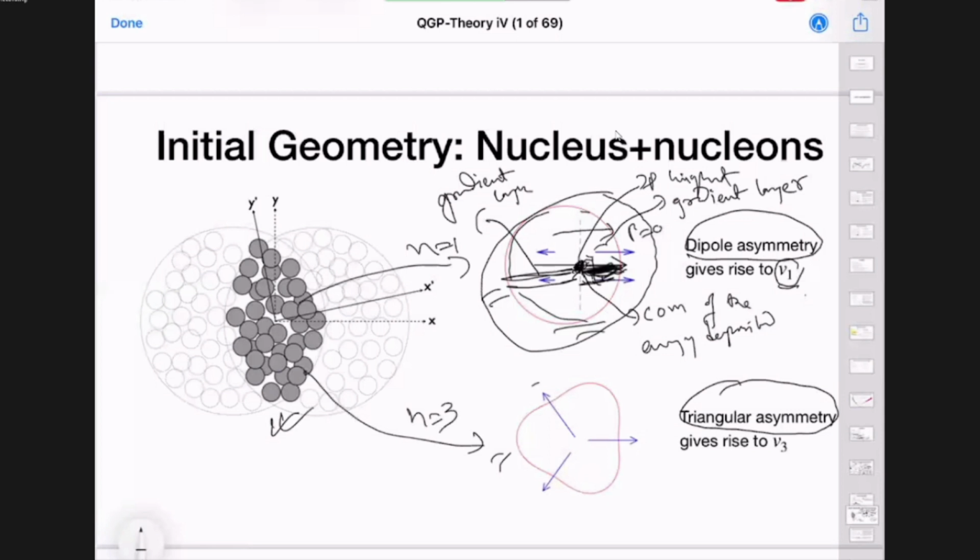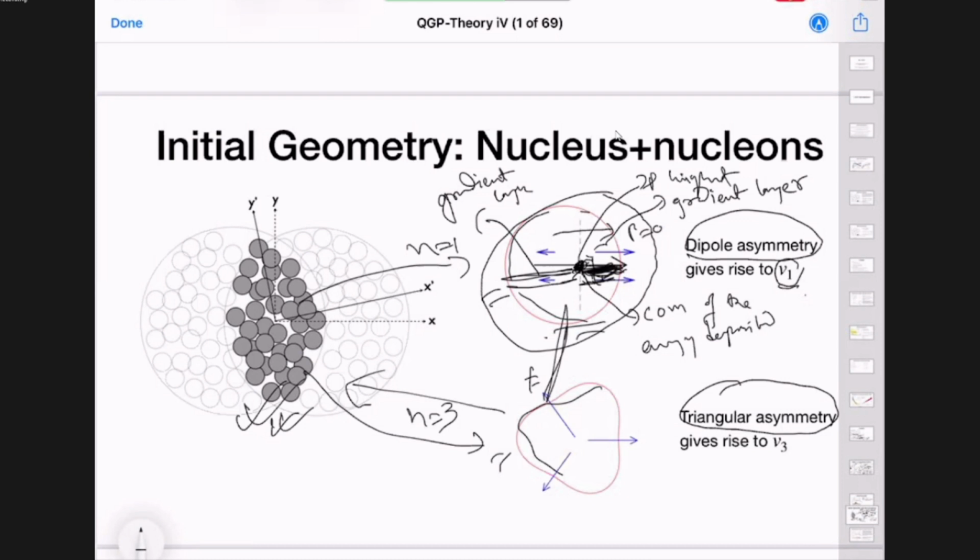In the end, if you superpose all these things, you should get back that. So even though we are drawing it like this, you should not think that the fireball is actually this. It's some arbitrary shape, and this is just a decomposition into some well-known basis.